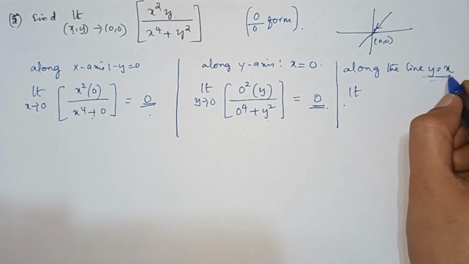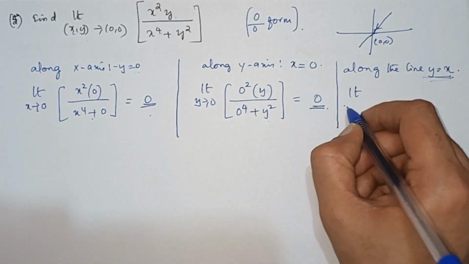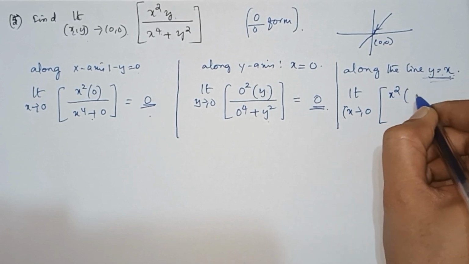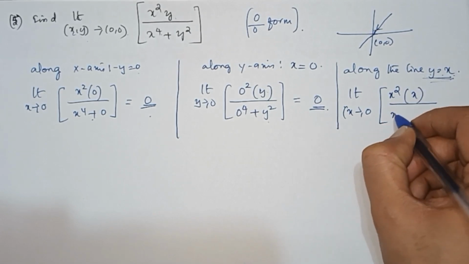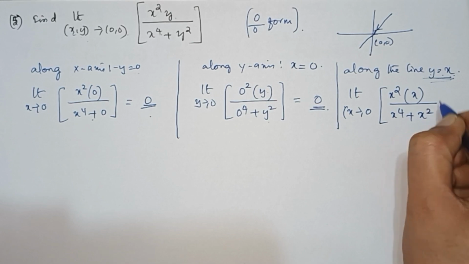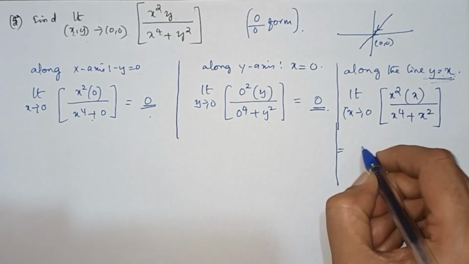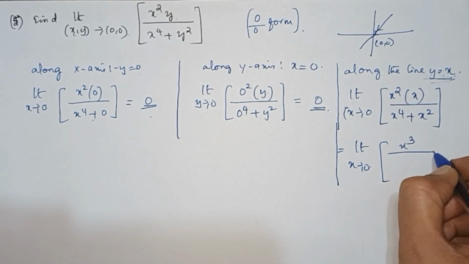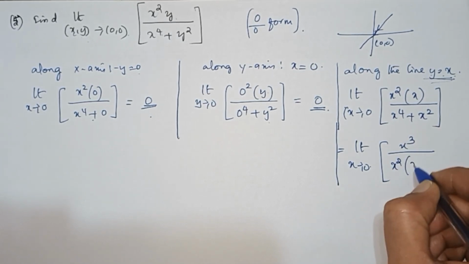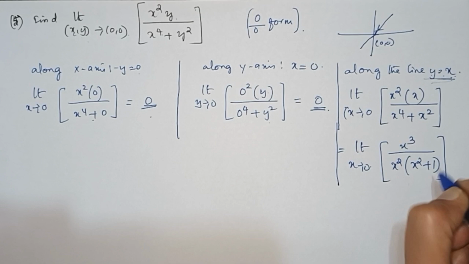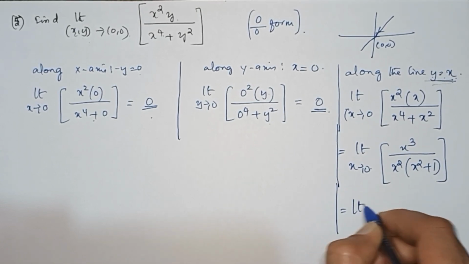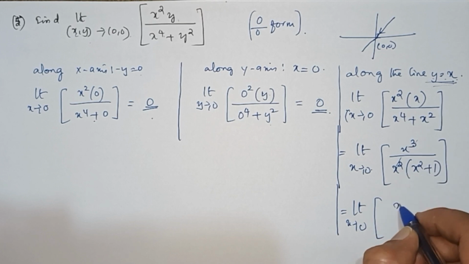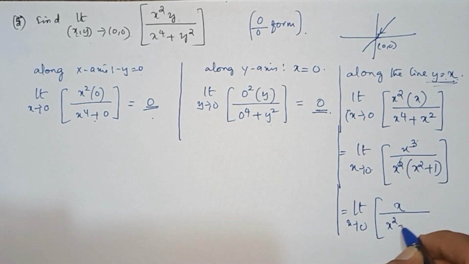So when you take y equal to x, as x tends to 0, x squared into y is x cubed, divided by x to the power 4 plus x squared. Let us simplify this. Limit as x tends to 0 of x cubed divided by, taking x squared common, x squared times (x squared plus 1). The x squared cancels, one x remains in the numerator, over x squared plus 1.